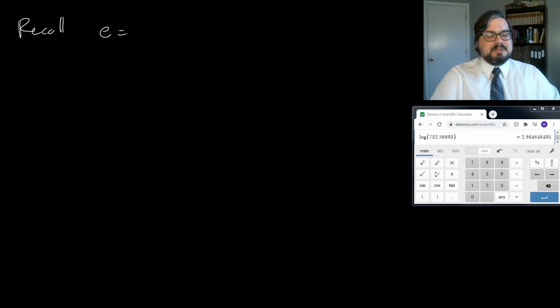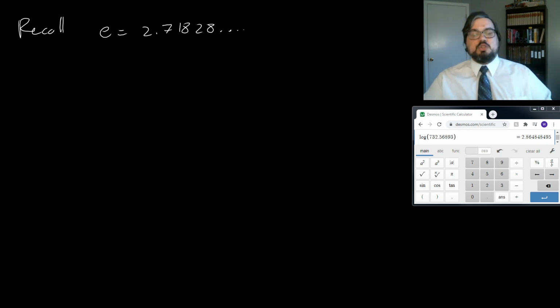Euler's number e, recall, is a number that's 2.71828, etc., etc. It's a number between 2 and 3, and it came up when we were looking at compound interest and what happens when you compound things continuously, every instant compounding interest on the interest earned at all previous instants. And this number e is important for a variety of reasons.